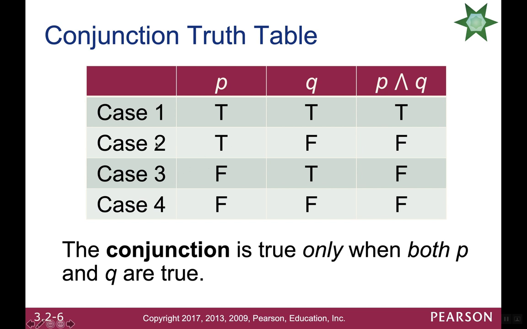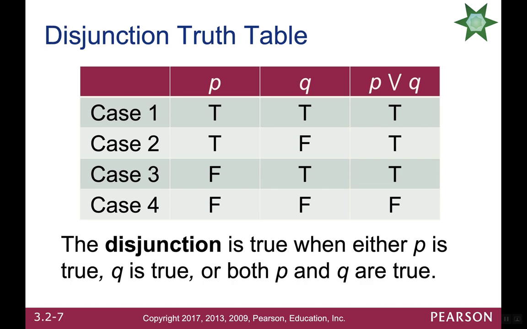Now, in case 2, some dogs are brown, but not all dogs are white, P and Q, then that is false. So in a conjunction, if either one of the statements is false, then the conjunction of those statements is also going to be false.